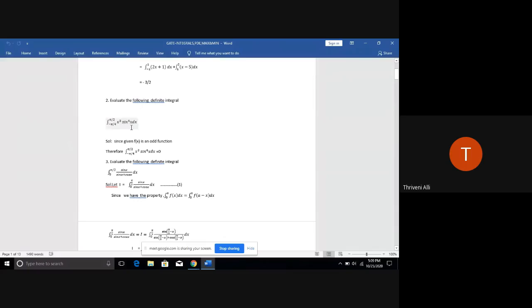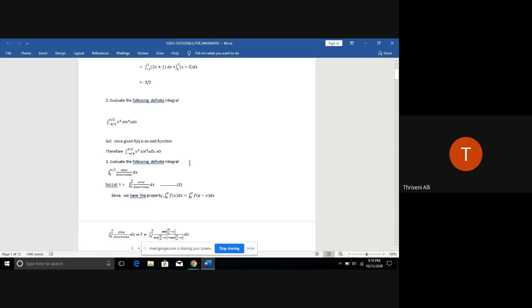If we replace x with minus x, we get minus f of x, so the function is an odd function. If the function is an odd function, then by the properties of integrals, the integral becomes zero.